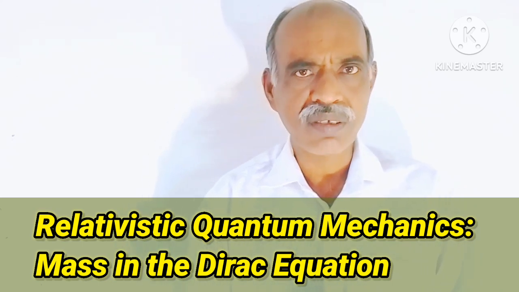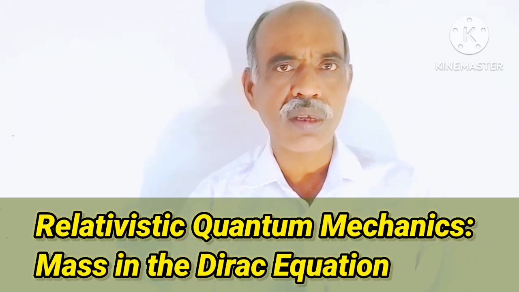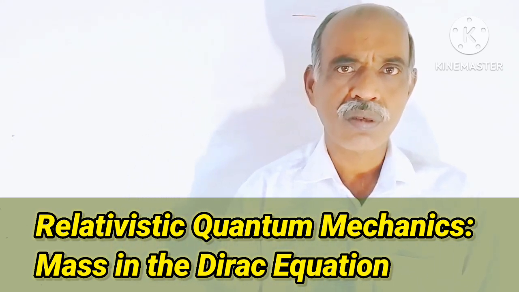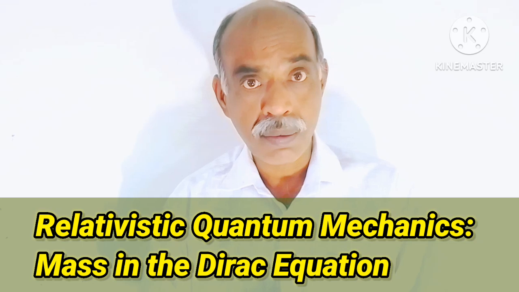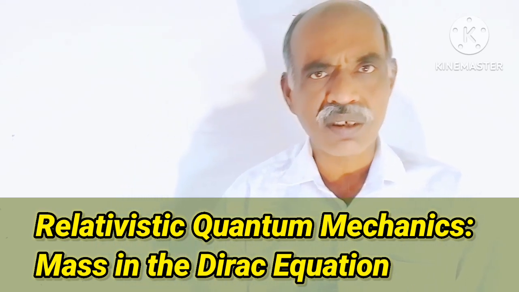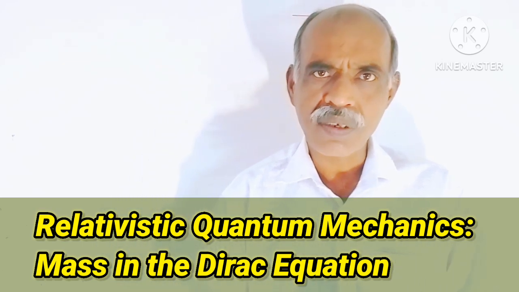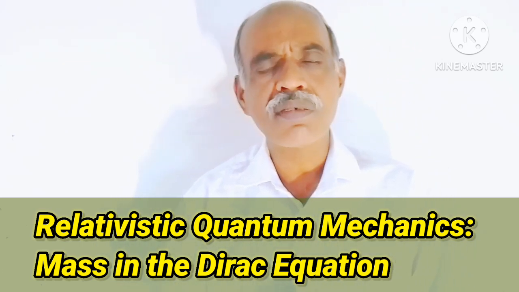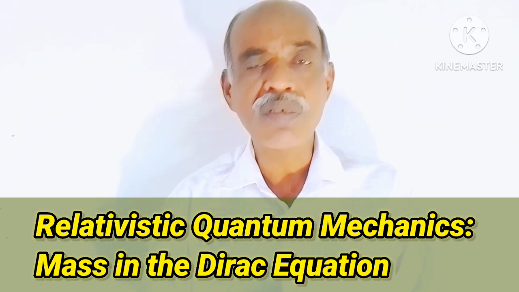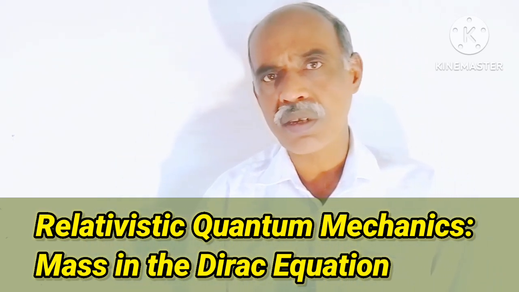That's why we say that electrons inside graphene behave the same as photons, though speeds are different. That doesn't mean speeds are the same. Speed of electrons inside graphene is 10 to the power 6 meter per second, but for photons in vacuum it is 3 into 10 to the power 8 meter per second.